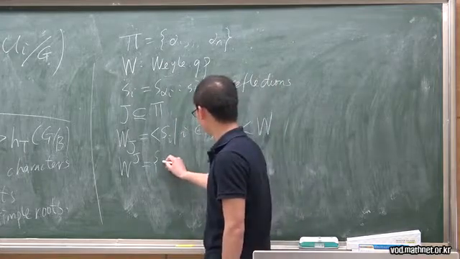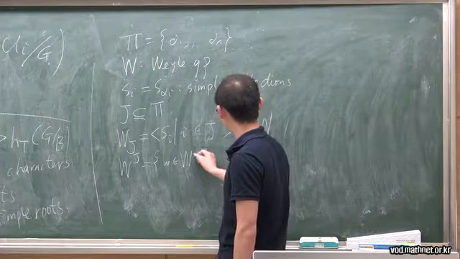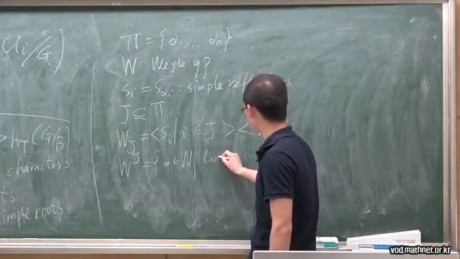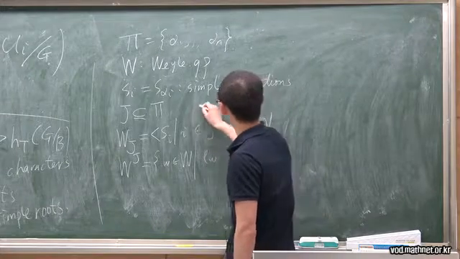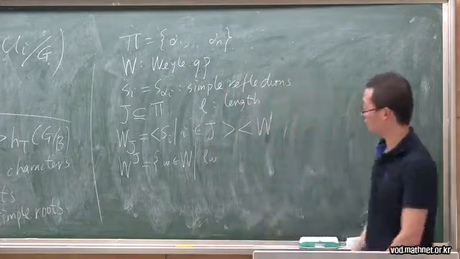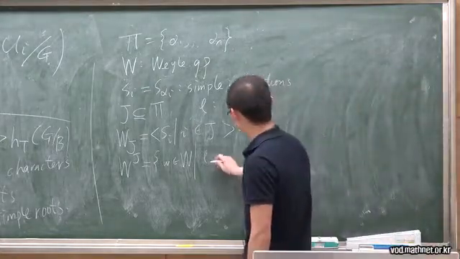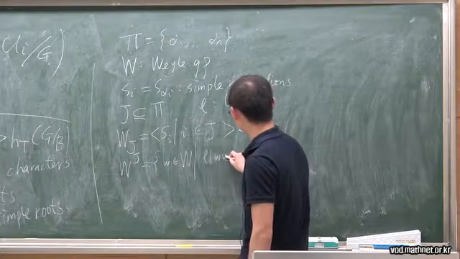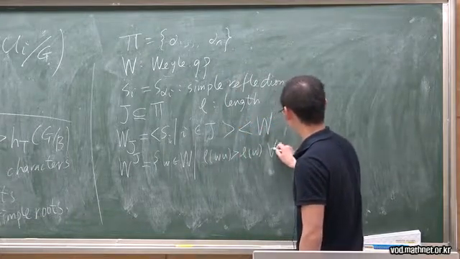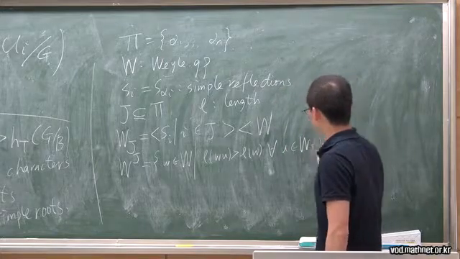And it's all the w in W such that the length of w times s_i is larger than the length of w. Yeah, it's the length. After you fix a simple reflection, then you can talk about the length of Weyl group elements. And the length of wu is the length of w plus the length of u for any u in W_J. That's a name for this.